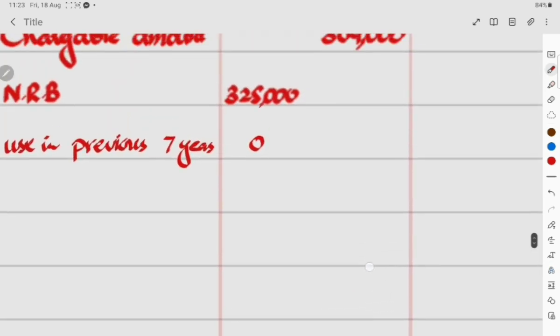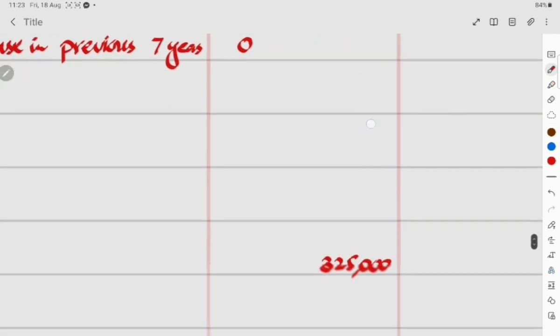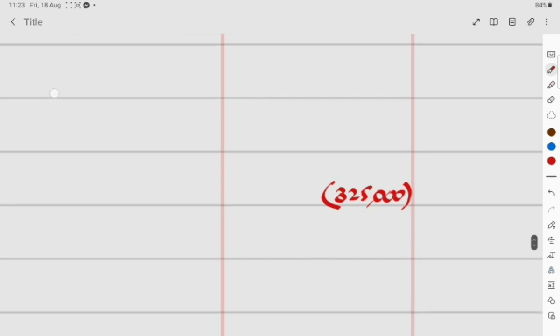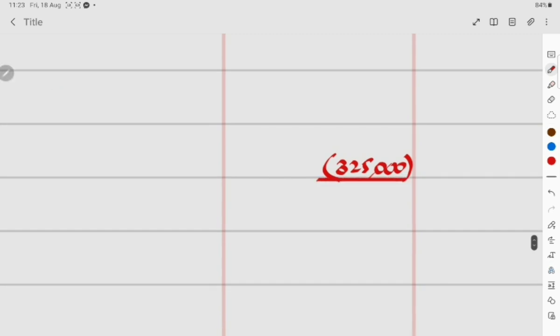Now consider the amount of gift. The chargeable amount is 3,09,000, while the nil rate band applicable is 3,25,000. Due to more nil rate band available, there is no taxable amount. Taxable amount is nil. If there is 0 taxable amount, there is no IHT to be paid, there is no need to mention who has to pay that tax, and there is no need to mention the due date.